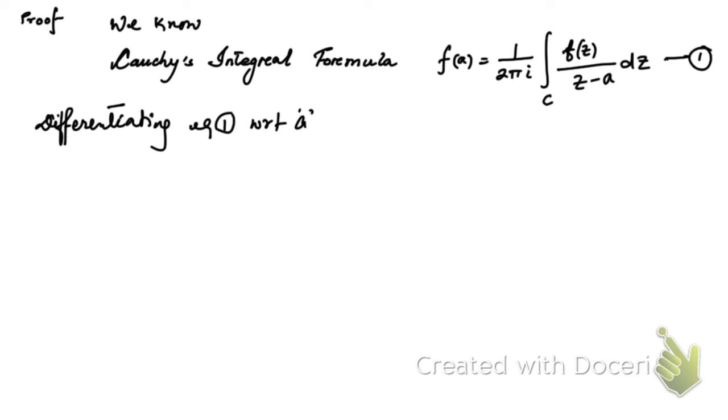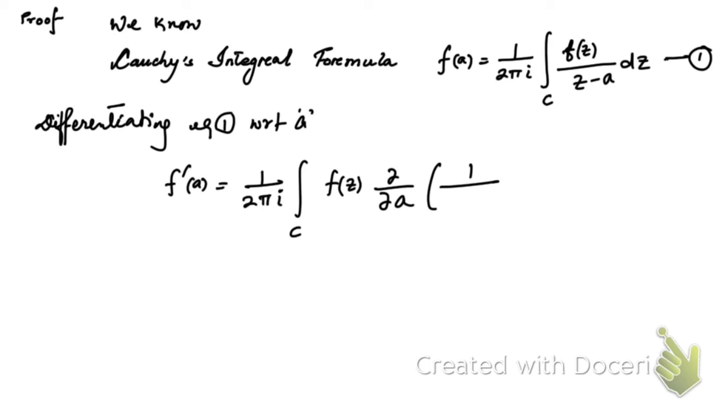We get f dash a equal to 1 by 2 pi i integration along C, then f of z, as we are differentiating partially with respect to a, so f of z is taken out of the differential coefficient, and we differentiate 1 by (z minus a), dz.